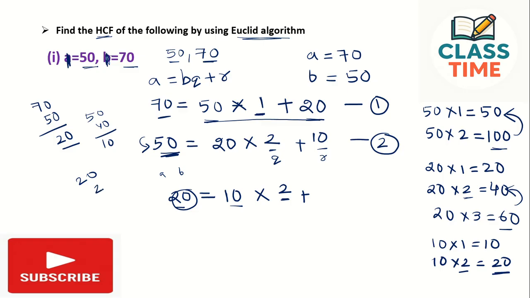So, 20 minus 20 is how much? 0. Okay. So, we are getting remainder equal to 0. We need to stop at this step. So, what will be the HCF in the last step? With what number are we multiplying to get the remainder 0?